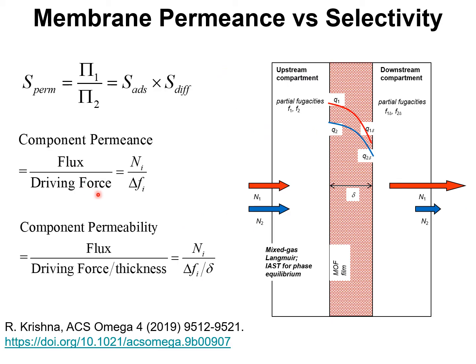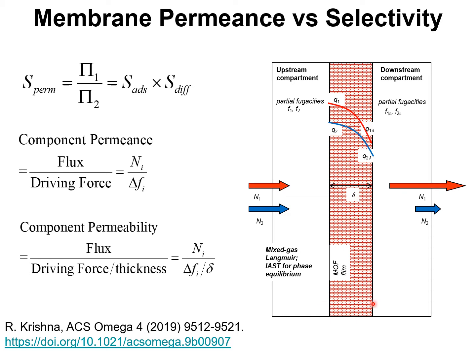Before we go into details of the factors that determine the membrane permeance and the membrane selectivity, it is useful to define the various terms that we will be using in this presentation. We consider a microporous membrane layer of thickness delta.